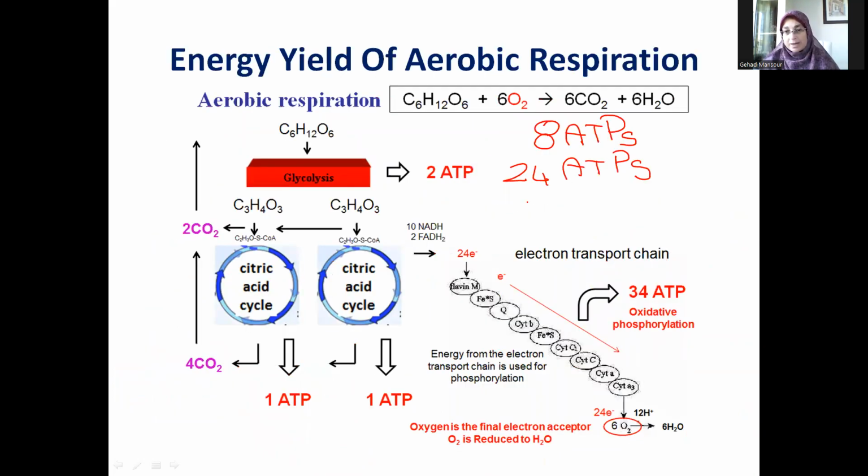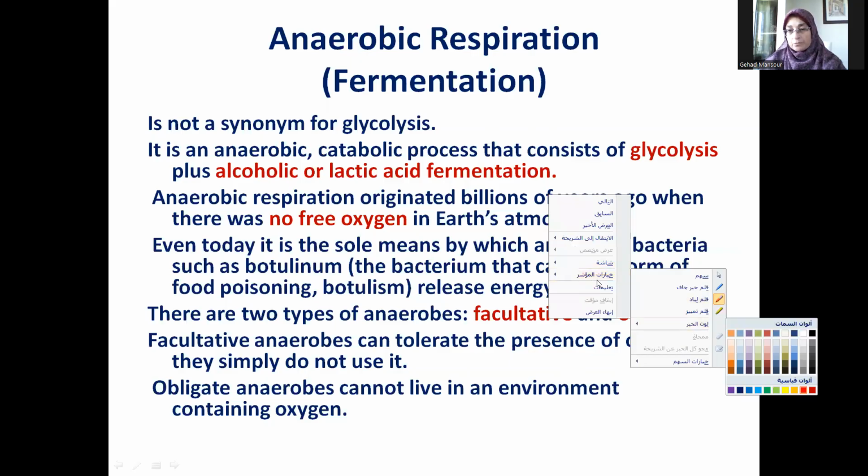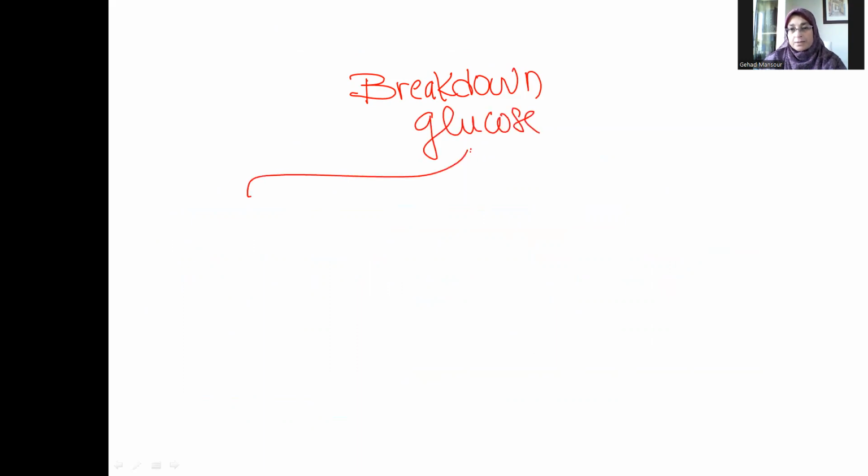Why is this inclined like this? Because it shows you how the electrons are being received at gradually decreased energy levels. And then we talked at the beginning about anaerobic respiration, and we said that whenever we want to break down glucose, then we have 2 ways of breaking down glucose.